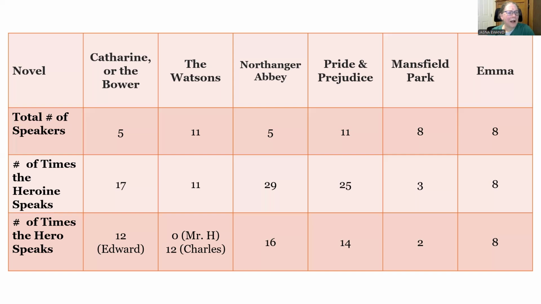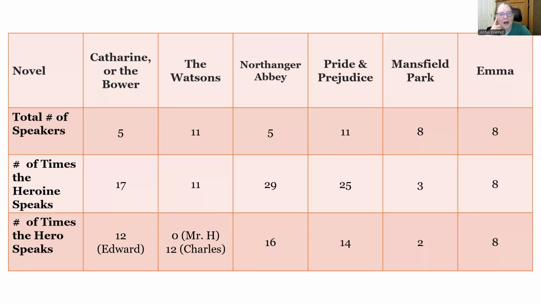So I don't really think Edward Stanley is the hero of Catherine or the Bower, but he's the one that she dances with. He speaks 12 times. In the Watsons, Mr. Howard is never quoted. His speech is summarized, but not quoted. But we do have Charles speaking 12 times, the Charles Blake, the boy.